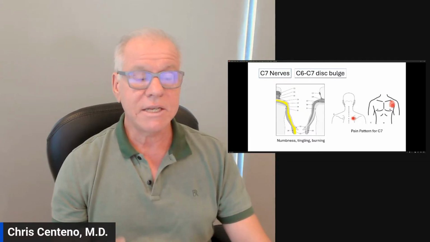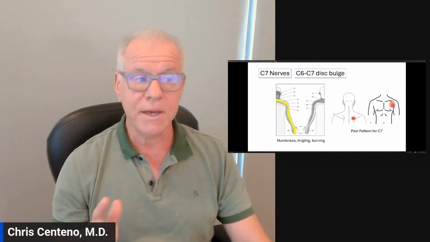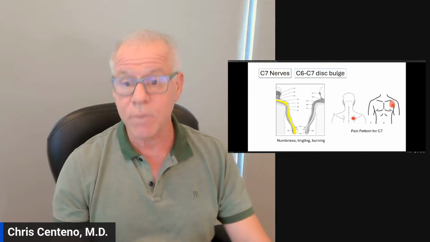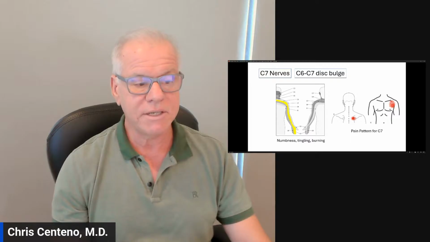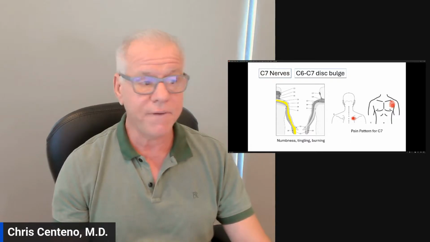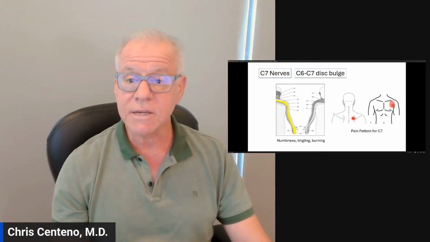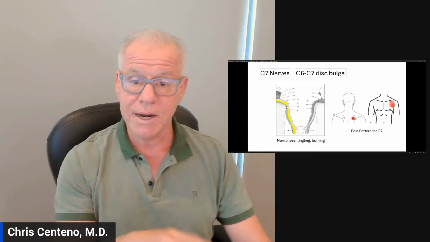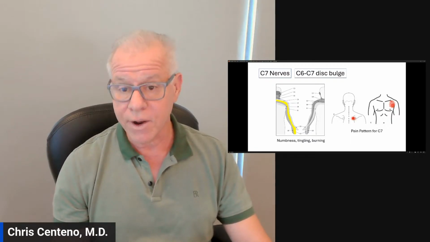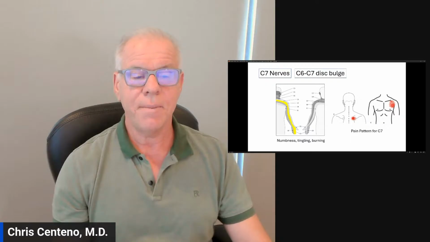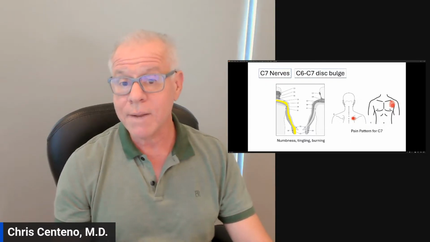Now we get into the C7 nerves, and this is going to be a C6-7 disc bulge. A C6-7 disc bulge is going to cause numbness and tingling and burning kind of in the middle finger. So it's similar to the C6, but rather than ending up in the thumb, it's going to end up in that middle finger area. And the pain pattern is now quite a bit different, right?